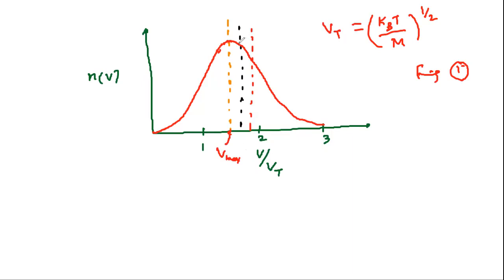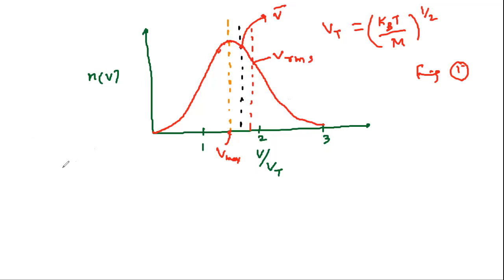Then the speed pertaining to this black line is V bar, and the speed pertaining to this red line is V RMS. You can do the calculations as well.